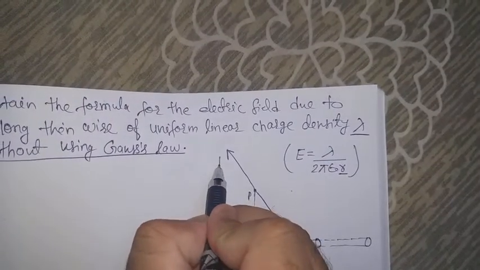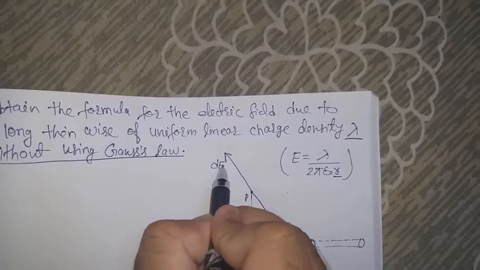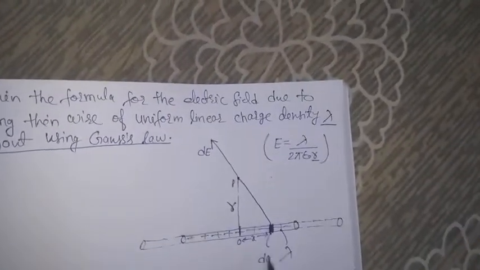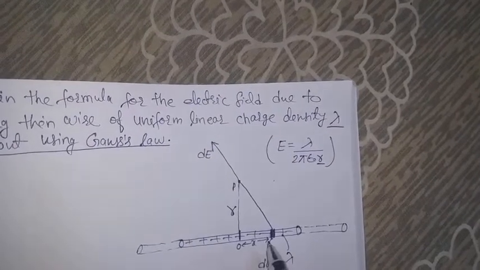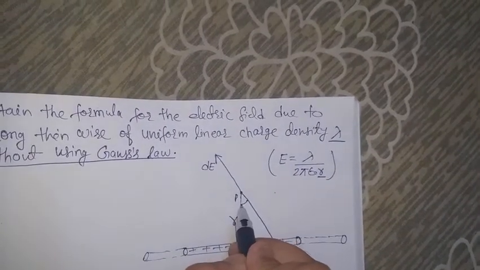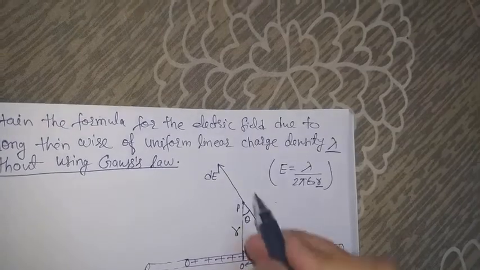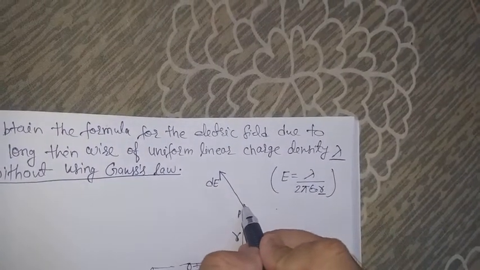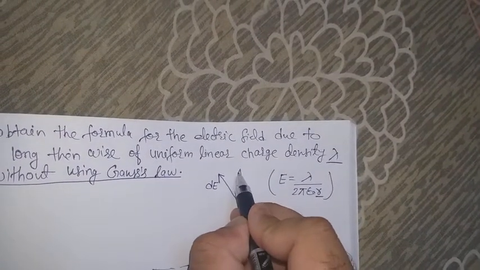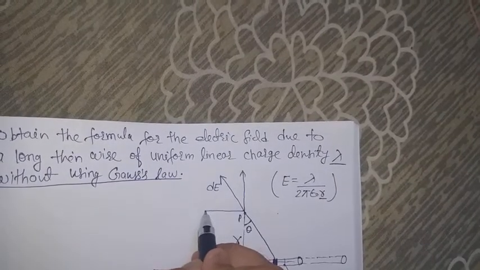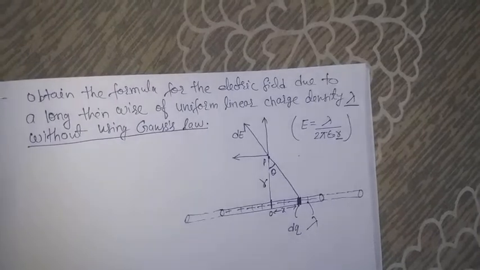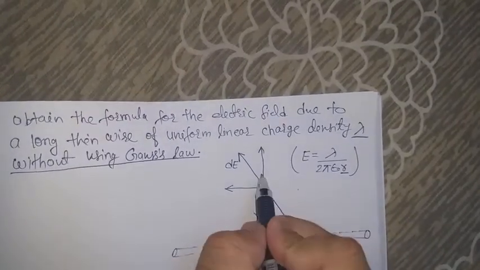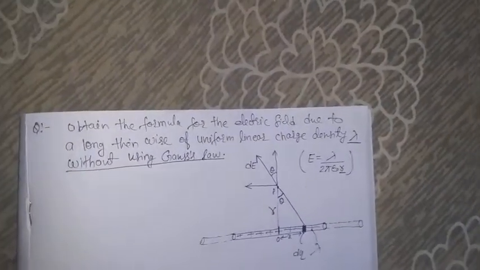This is an electric field dE, and it has two components. Suppose this angle is theta. So it has two components, and if this angle is theta, this angle is also theta.